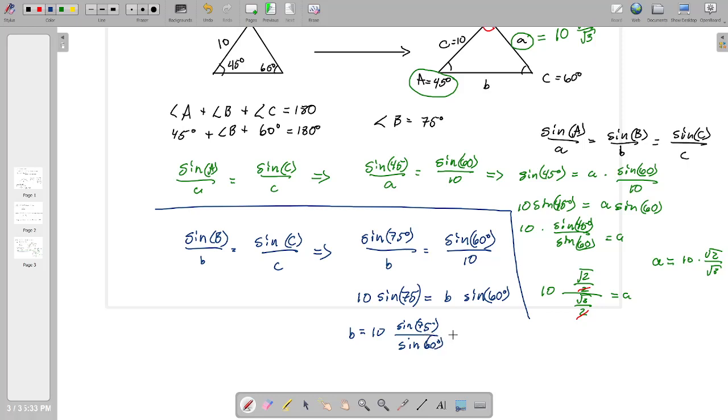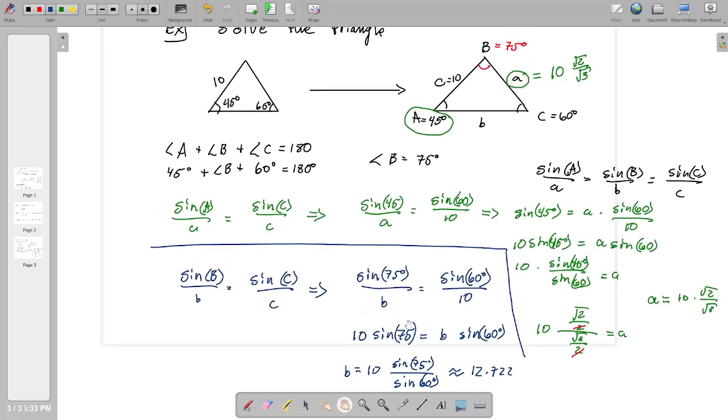Now, once we plug this into a calculator, this is going to be approximately 12.722. And A is approximately 8.165. For side B, 12.722.